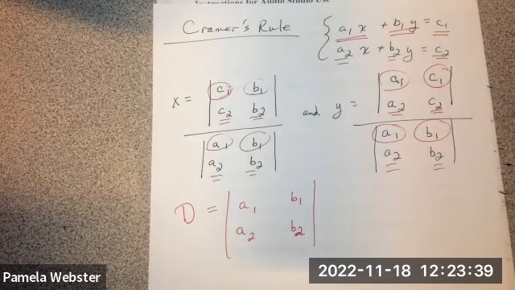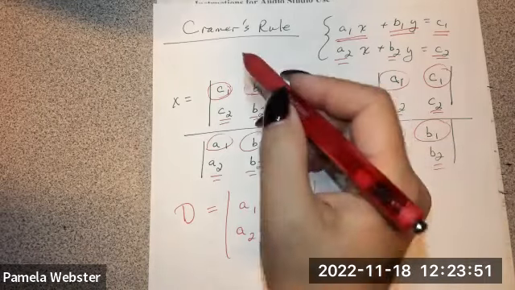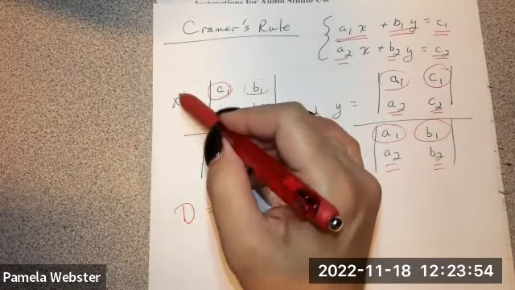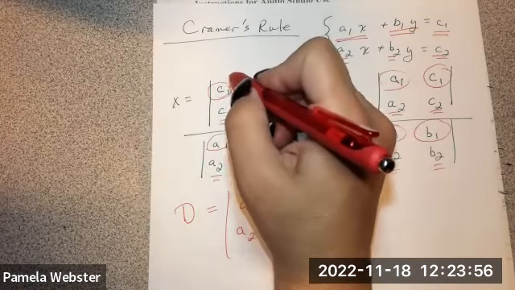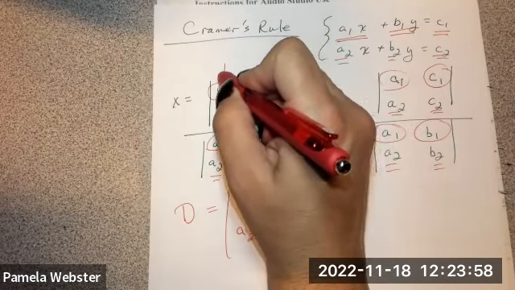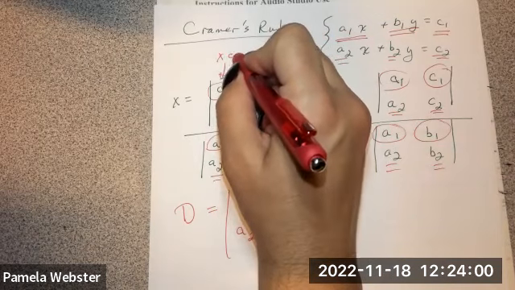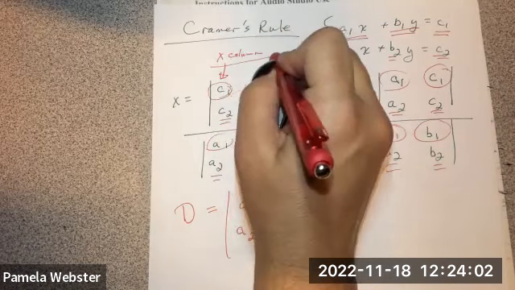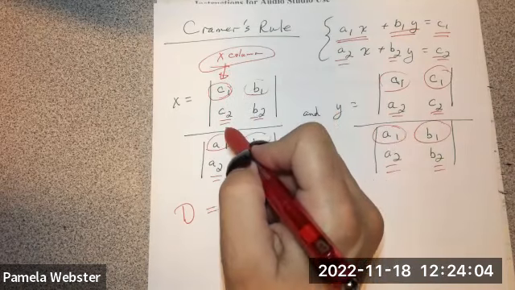But then we're going to add in these other determinants, and they're going to be based on which variable I want to solve for. So if I want to solve for the x, then what I do is in the x column, I put in the answers.